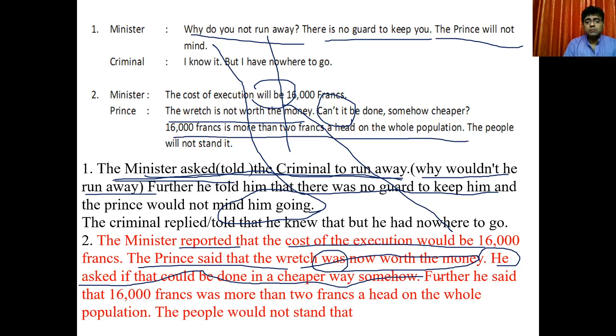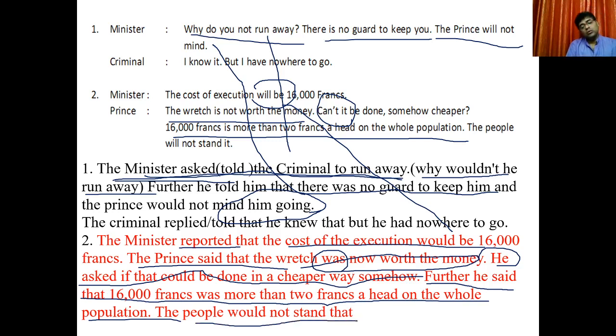Because the same person is talking here, we are using cohesive, connecting devices. Further, he said that 16,000 francs was more than 2 francs a head on the whole population. And finally, the people will not stand it. The people would not stand that, or even you can say the people would not stand it.